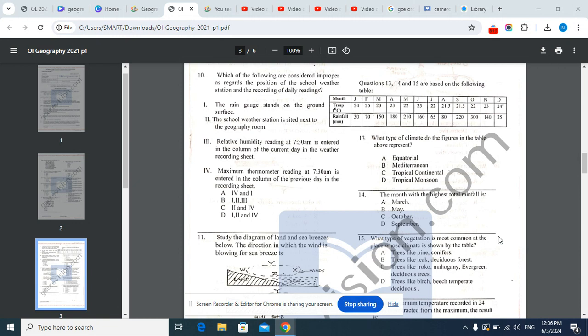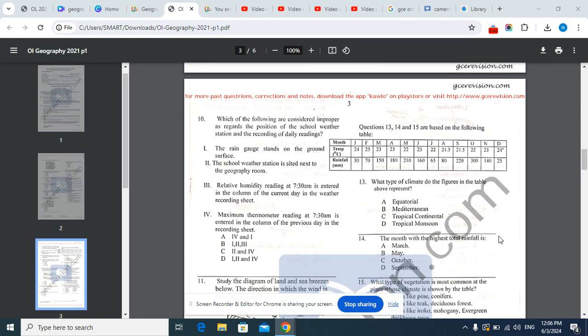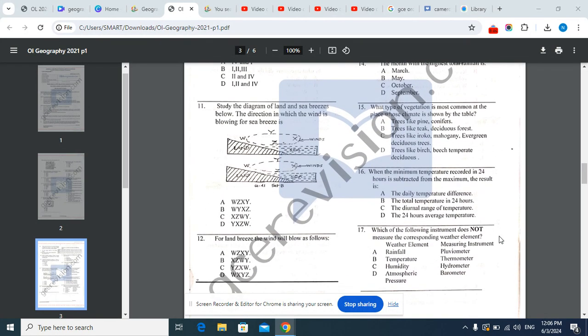Number 15. What type of vegetation is most common at the place whose climate is shown by the table? The answer is C. Question 16.